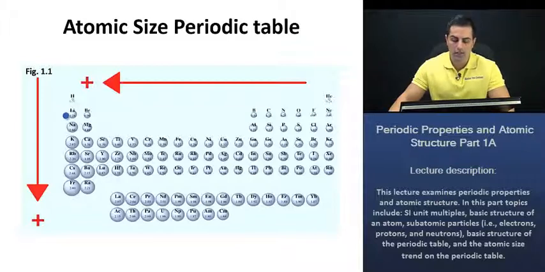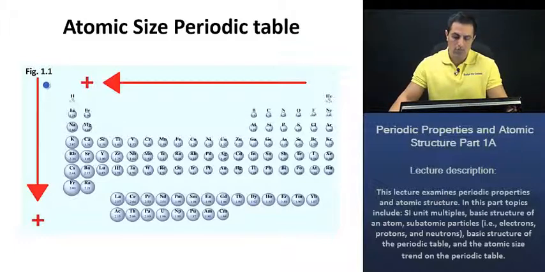In each of these successive elements, lithium, beryllium, boron, carbon, nitrogen, and so on, there's an additional proton in the nucleus of the atoms. Therefore, there's a stronger attractive force on the orbiting electrons that pulls those electrons closer to the nucleus, causing a reduction in the atomic size.